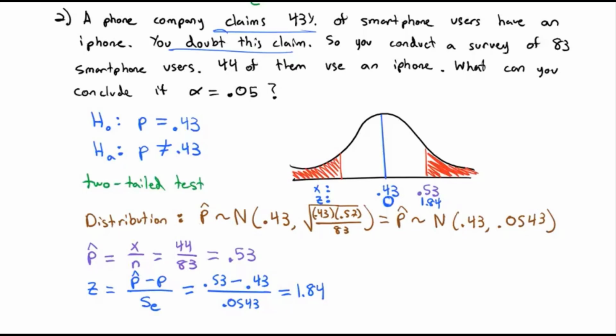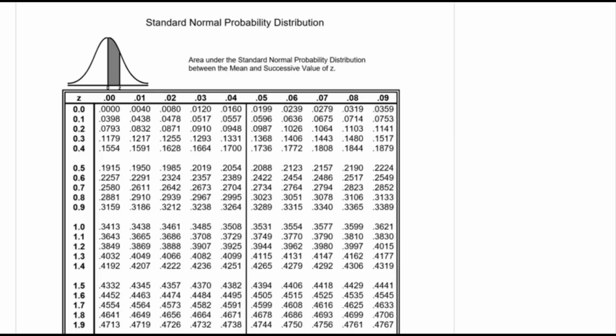So let's go to the table and see what area goes with a z value of 1.84. On the table, we're looking at 1.84. So if I scroll over, and if I draw my line straight, we see 1.84 corresponds to an area of 0.4671.